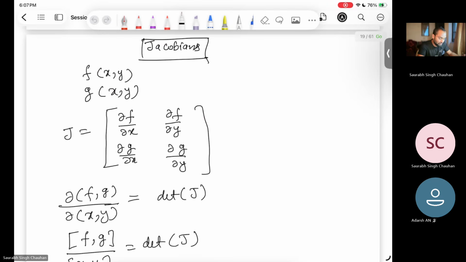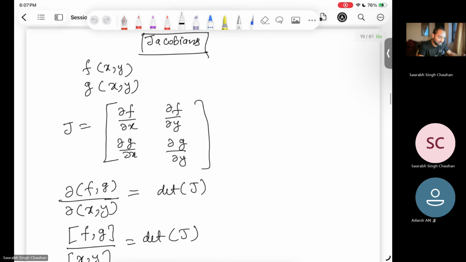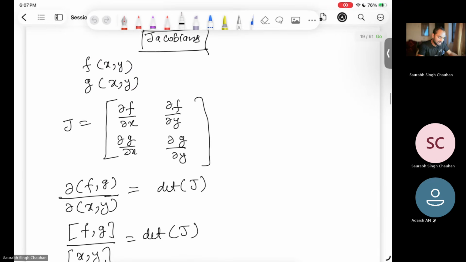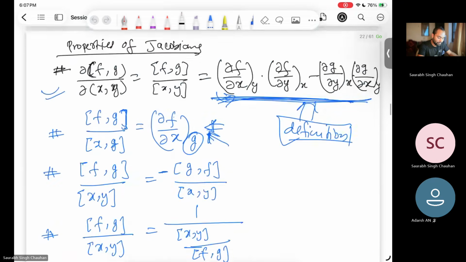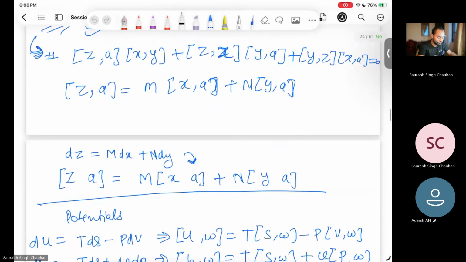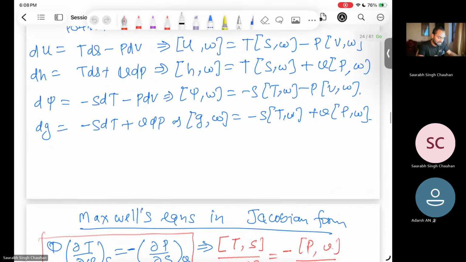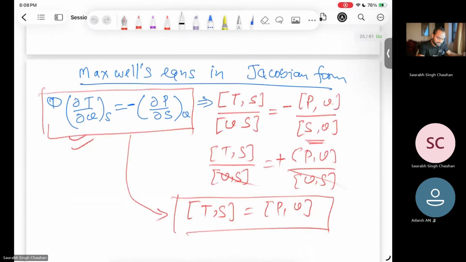mathematical tool called Jacobians, and we did the whole discussion in terms of Jacobians as well. We found that Jacobians are a very elegant method to write all these complex partial differential notations in a very compact form.